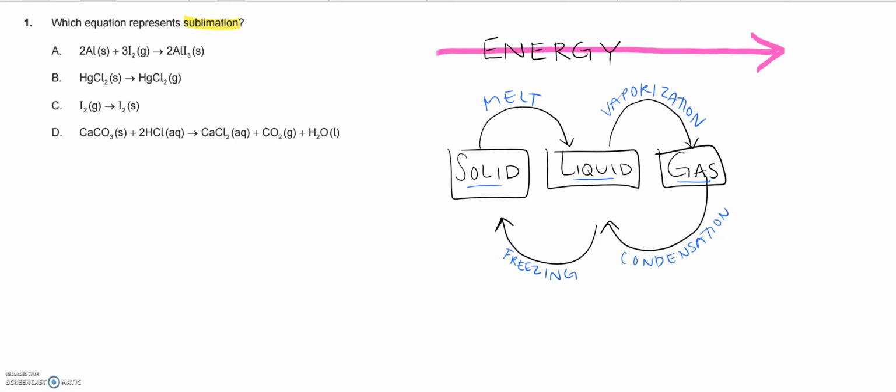We also have sometimes where a solid will become directly a gas, skipping the liquid phase, or a gas could directly become a solid, skipping the liquid phase. And so we've got solid to a gas, that's sublimation, that's what this problem is asking about.